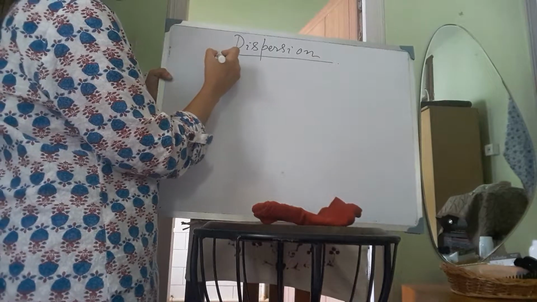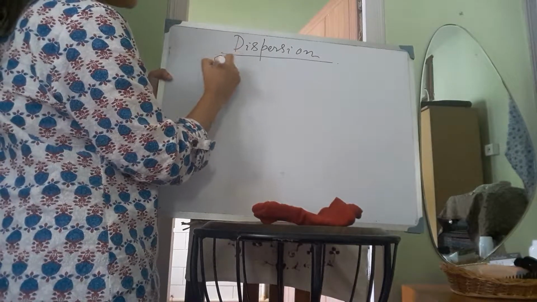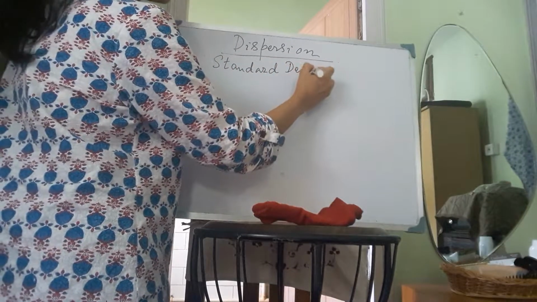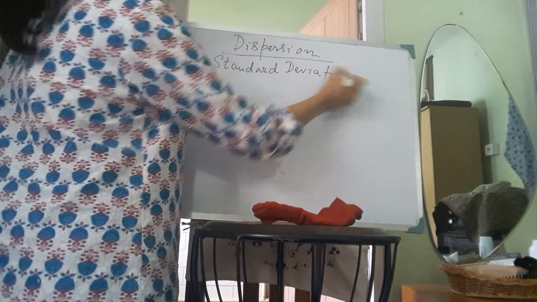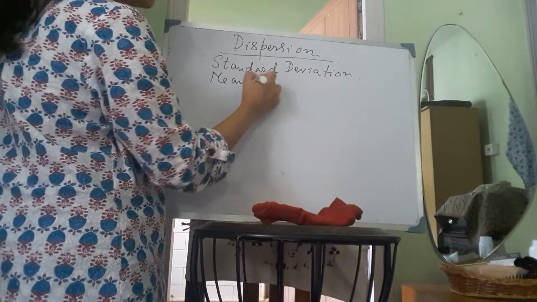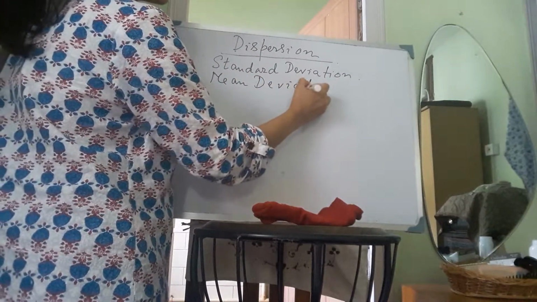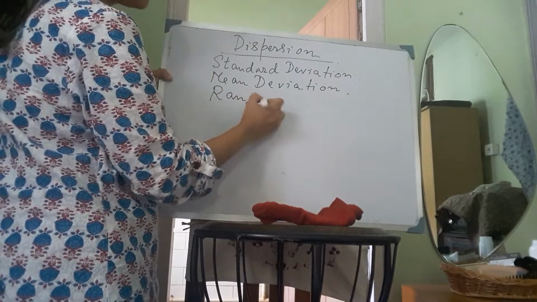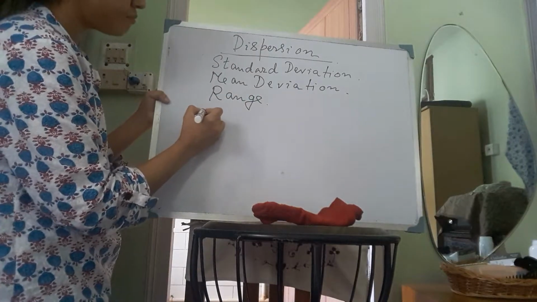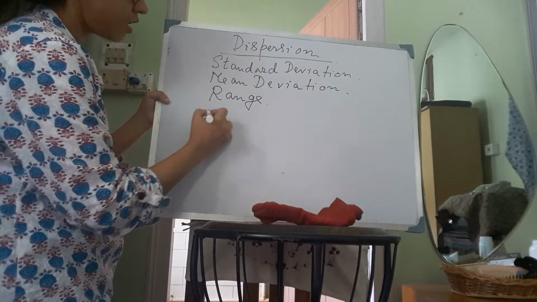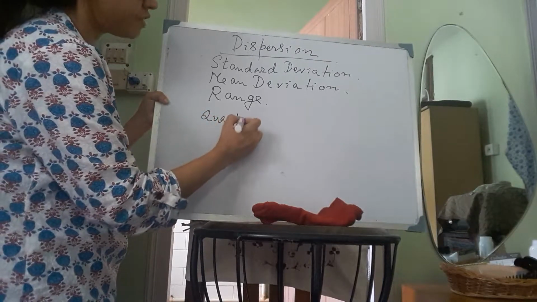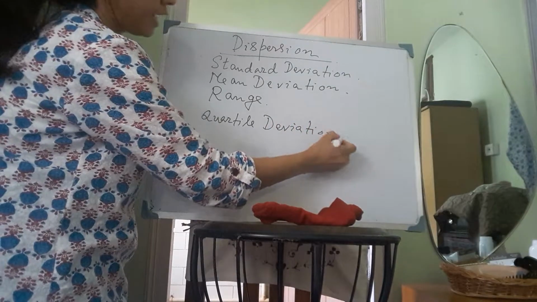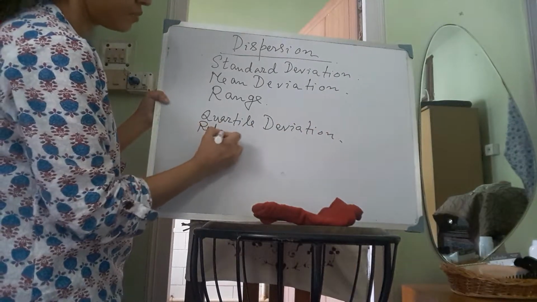Absolute measures of dispersion are standard deviation, then mean deviation, then range, and the relative measures of dispersion are quartile deviation and other relative measures of dispersion.